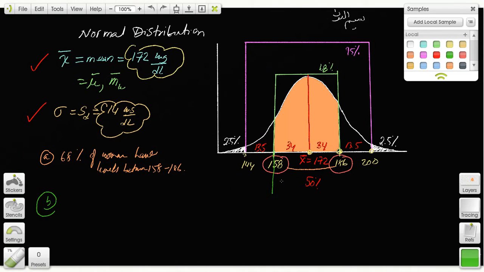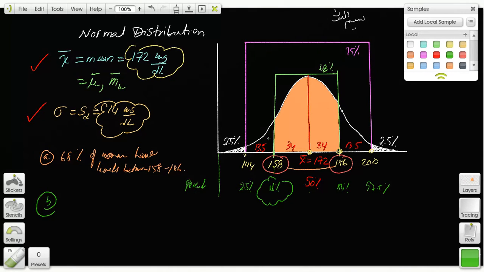That's the percentile. So that percentile, if you recall, goes here as a 0 percentile. This is 2.5 percentile, and 13.5 plus 2.5 gives 16 percentile, and this is 84 percentile, plus this is 97.5 percentile. So from this it becomes apparent that 16% of the women are below 158.